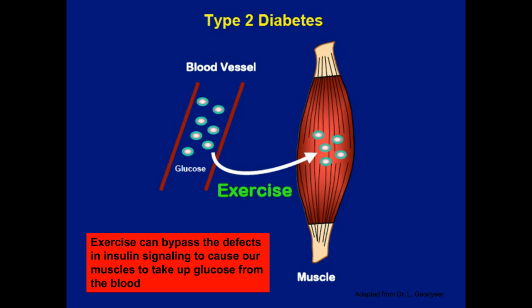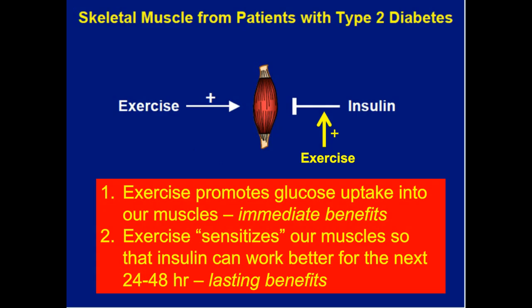So it's got some pathways set up to get more energy into the muscle cells so that they can use the glucose and generate some energy for exercise. So exercise uses a different pathway and it bypasses any defects or any impairments in the insulin signaling pathway. So that's beneficial because exercise can kind of work as an alternative to insulin to get glucose into your muscle.